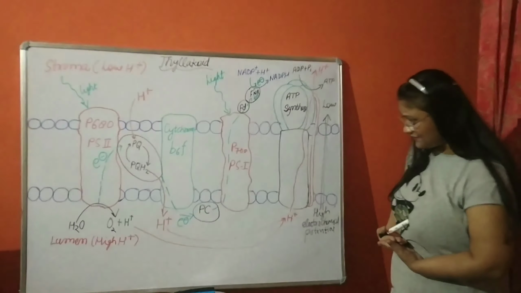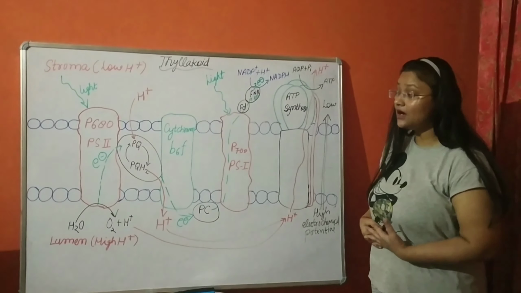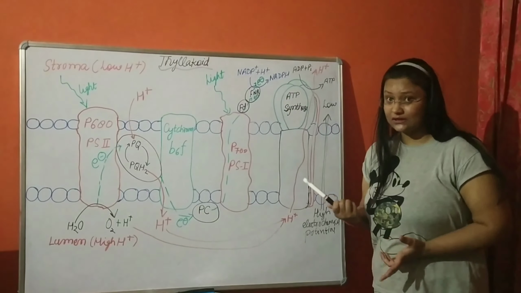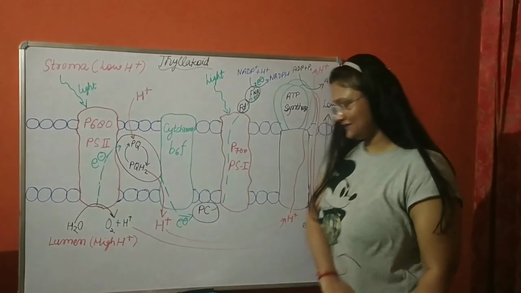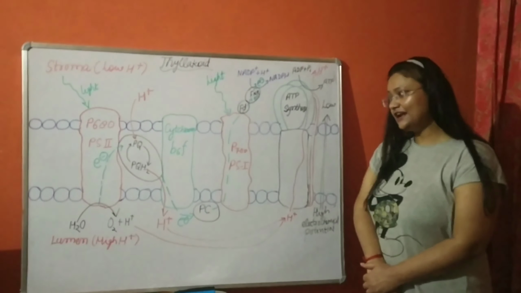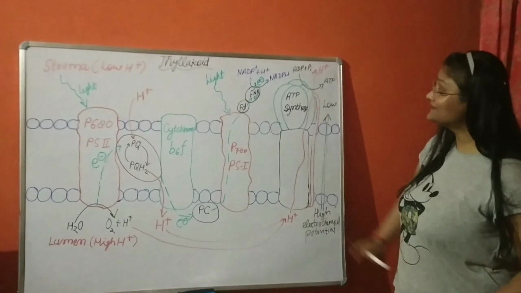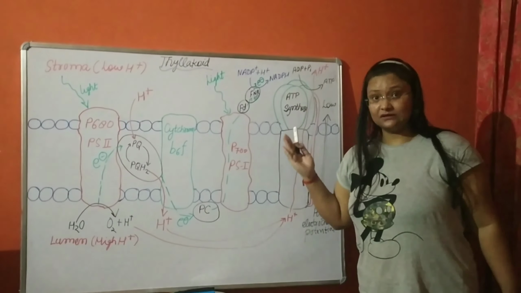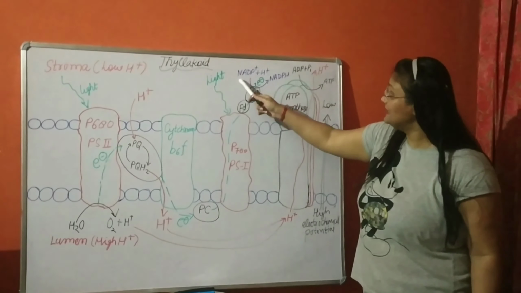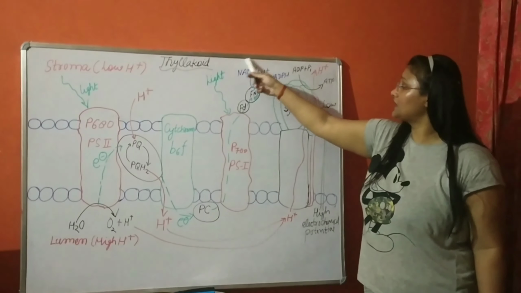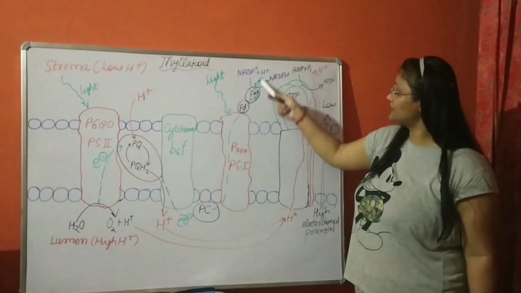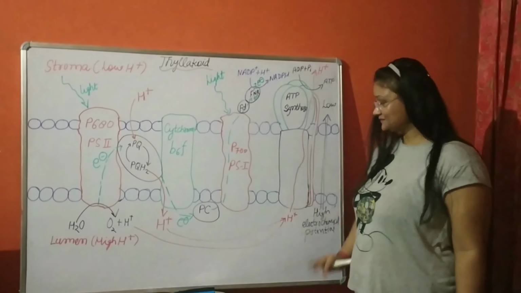So here if we see who is the ultimate electron donor, it is water, because it splits into oxygen, H plus and electron. Electron I am showing it over here, right? And who is the ultimate electron acceptor over here? It is NADP plus, which after receiving the electron gets converted into NADPH.